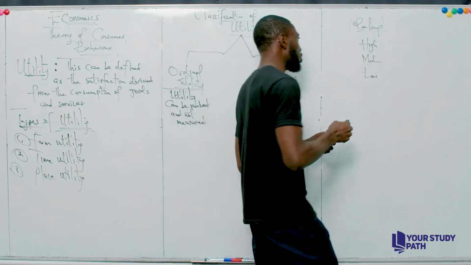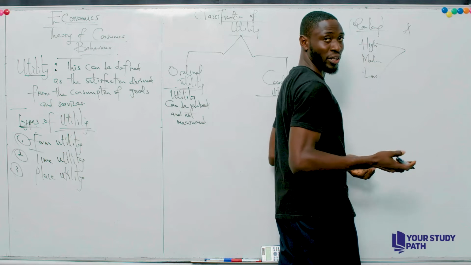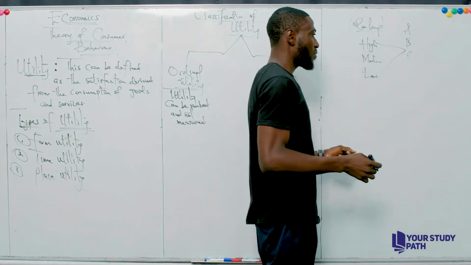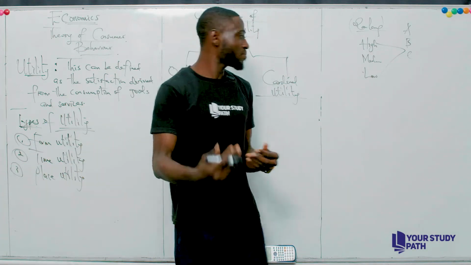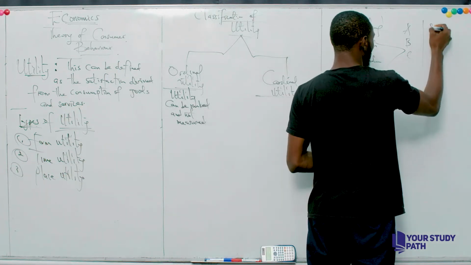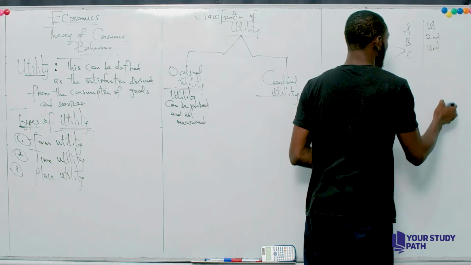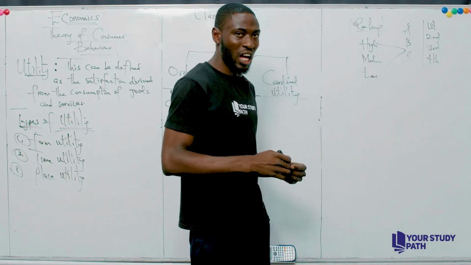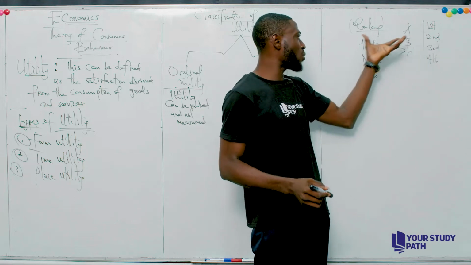For instance, in school, you can have grade A, very good grade, you can have grade B, you can have grade C. In primary school, you can have the first position, the second position, the third position, fourth position, and so on. This is just telling you the ranking of these positions.